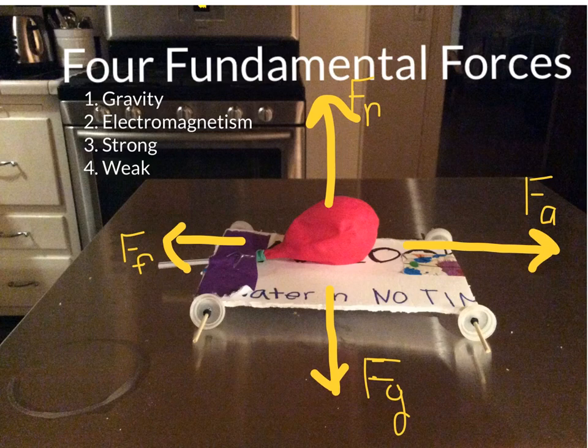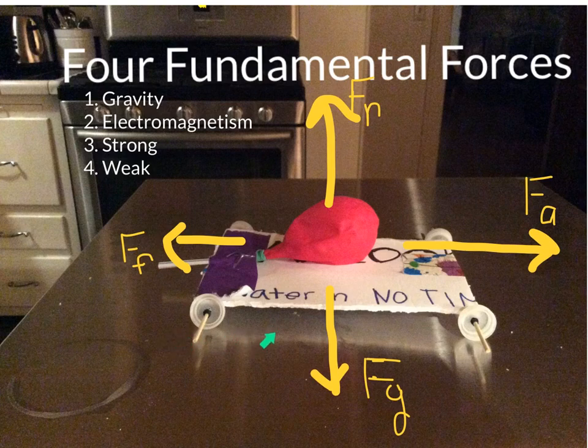Okay, to sum this up, let's go back to our balloon car and remember that the forces that aren't gravity, all these guys, this one over here, the friction force, the normal force, and the applied force, all of those are actually electromagnetism. So I want to think about what that means. What that literally means is that down here where the wheels meet the table, these wheels are made of atoms. Those atoms have electrons in the outer part of them, and those electrons repel the electrons in the outer part of the table's atoms.